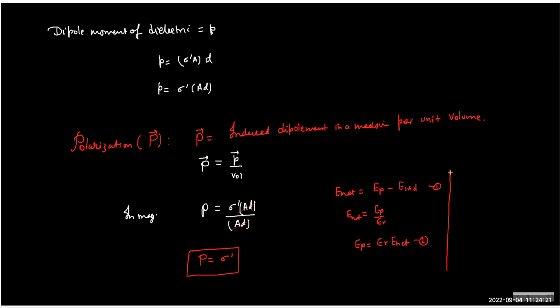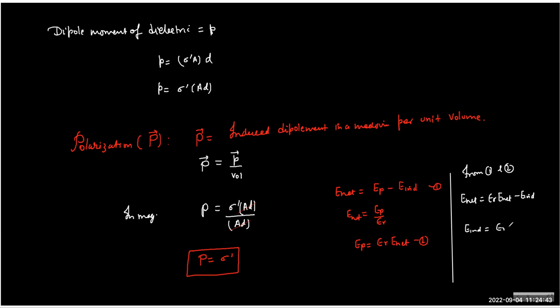From 1 and 2, E net equals epsilon r E net minus E induced. So what is E induced, by the way?